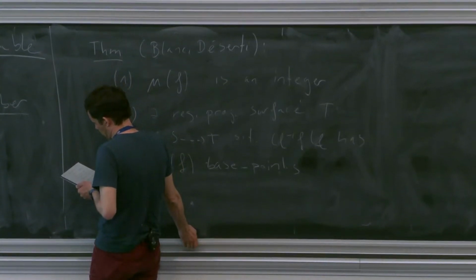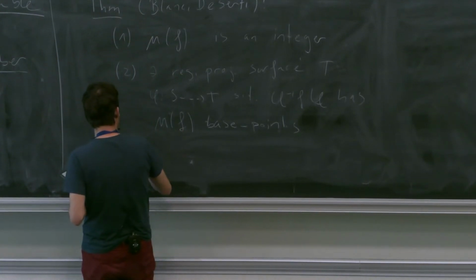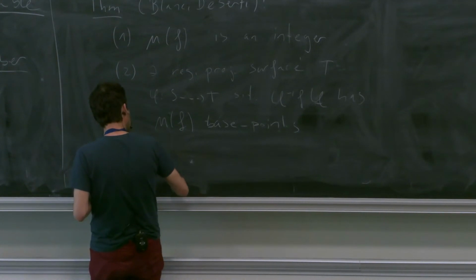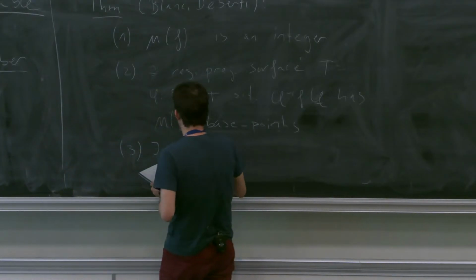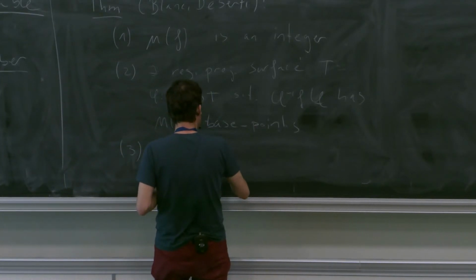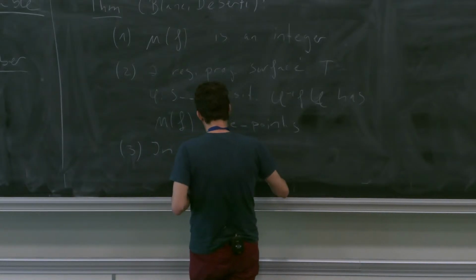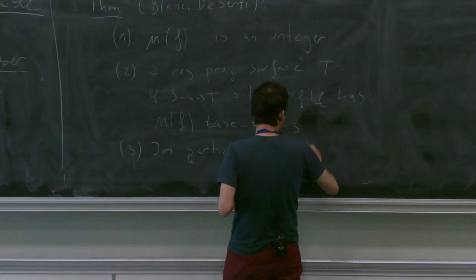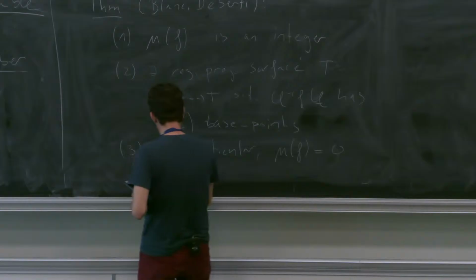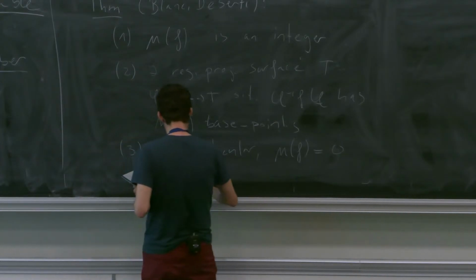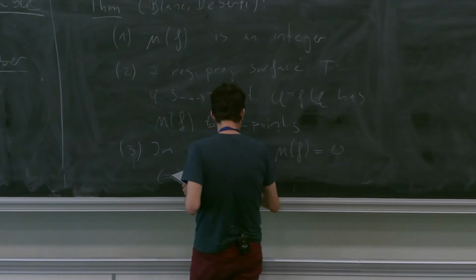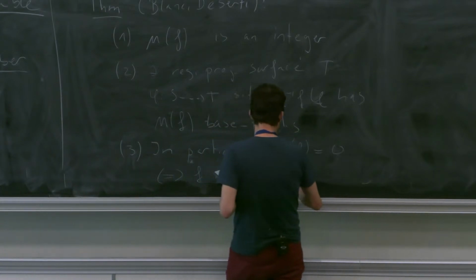And then of course, a special case of the second one is that this dynamical number of base points is equal to 0 if and only if f is conjugate to an automorphism.